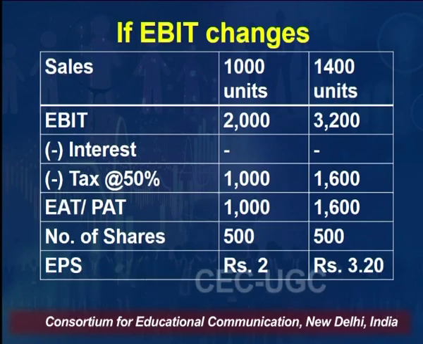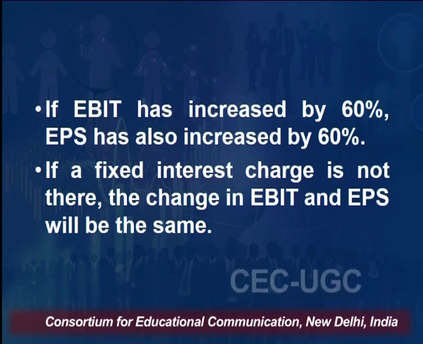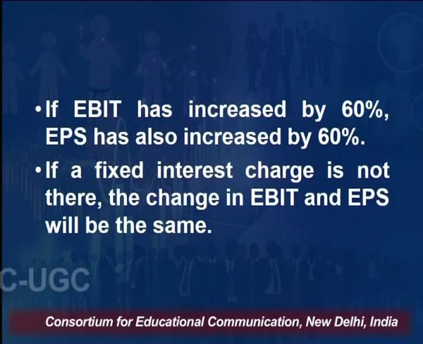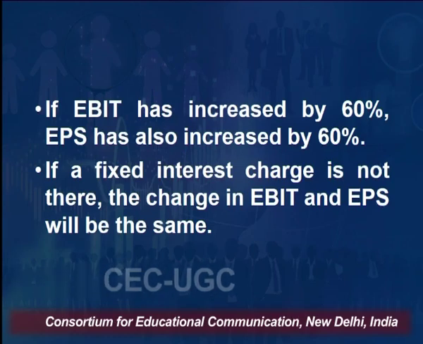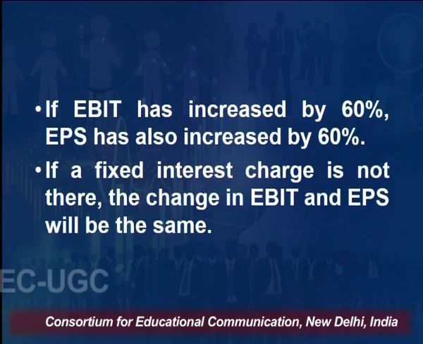Our EPS will be EAT divided by number of shares, that is rupees 2 in case 1 where we are selling 1000 units and 3.20 in case 2 where we are expecting to sell 1400 units. Okay. So, if EBIT has increased by 60%, EPS has also increased by 60%. Okay. This is the scenario when there is no interest that we are paying, no debt in our capital structure. So, if a fixed interest charge is not there, the change in EBIT and EPS will be absolutely same.